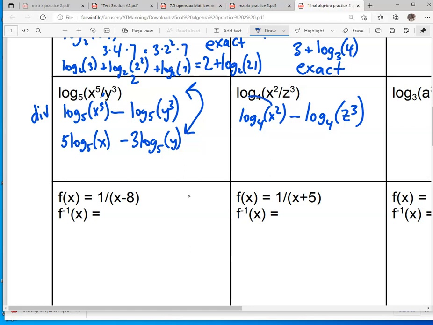Bring the exponent out in front. That becomes 2 log base 4 of x. The 3 comes out into the front. The minus stays there, doesn't change. Minus 3 log base 4 of z. Just practicing manipulating logarithms.